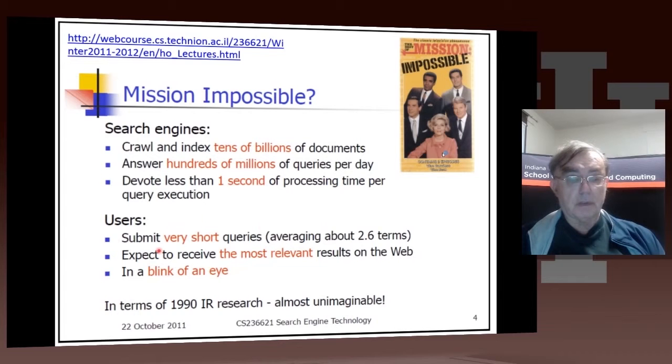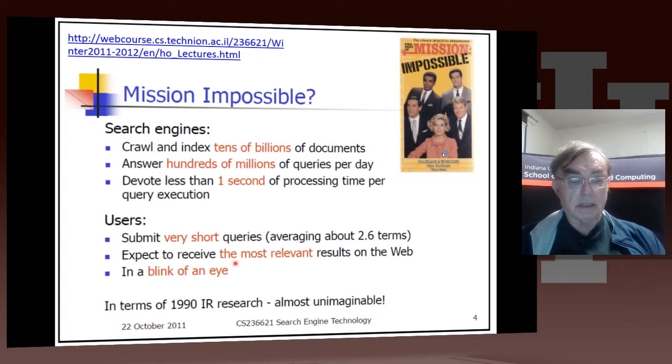Users do not tend to have very complicated queries. The advantage of that is the good queries are quicker to process. On the other hand, the bad thing about that is it is quite hard to get very restrictive answers. So that's why when you issue a small query to Google or Bing or something, they give you lots and lots of responses.